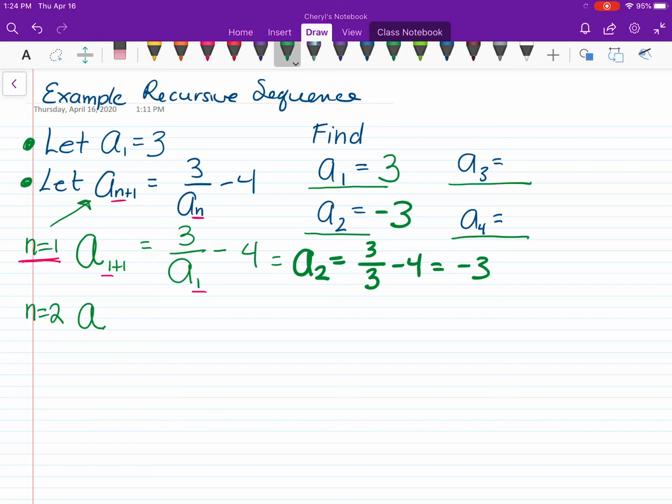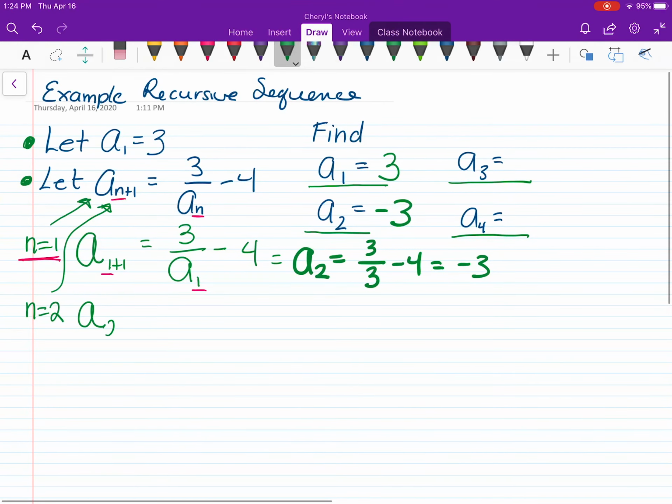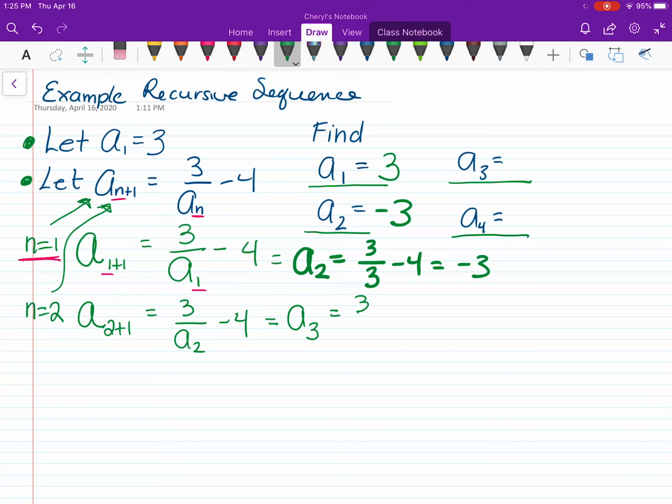Now, if I let n be equal to 2, again, I'm using this formula up here, but now I'm plugging in 2 for n. So I have A of 2 plus 1 is equal to 3 over A2 minus 4. So that gives me A3, which is my third term, is equal to 3 over A2.